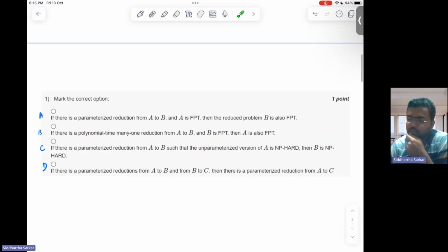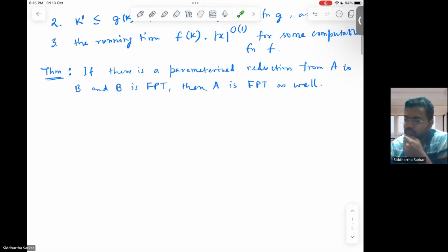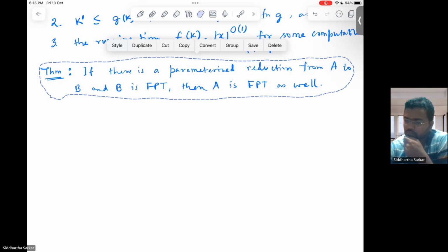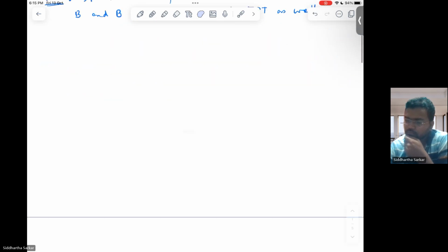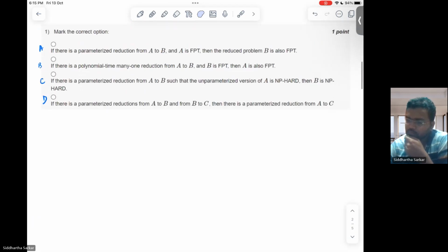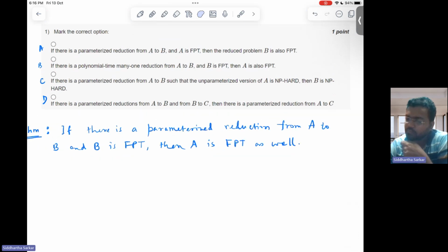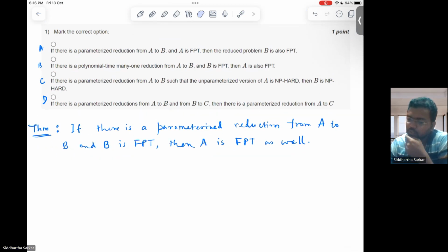Let's have a look at the theorem in parallel. So this is the theorem we have just seen. The theorem said that if there is a reduction from A to B and B is FPT, that implies A is FPT.